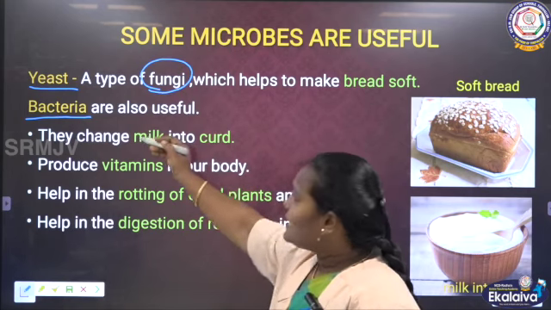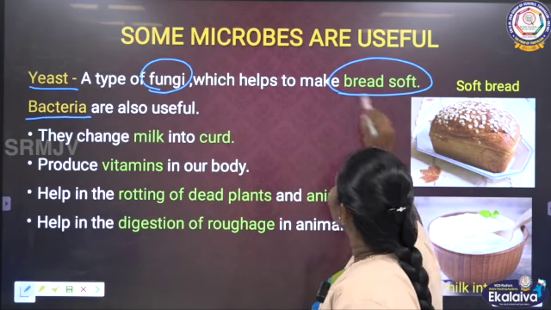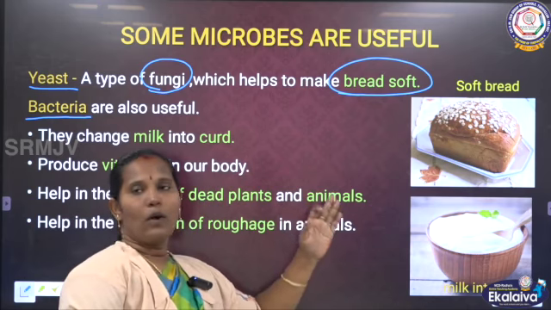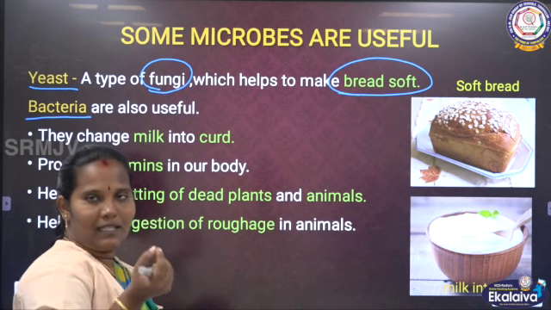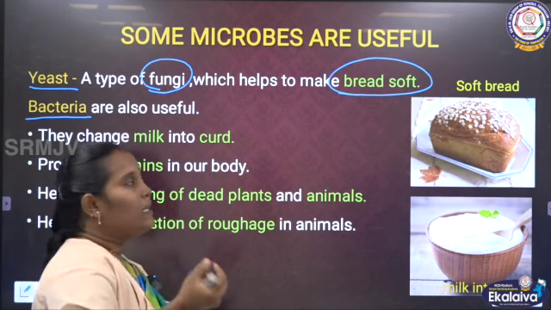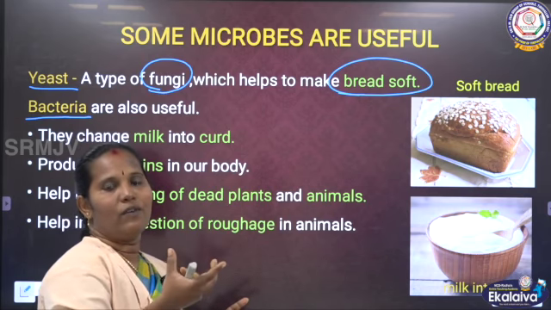This yeast is used for bread. It is used in bakeries for making bread. If you add some crystal yeast to the bread flour, after two to three hours it makes the bread soft and fluffy.